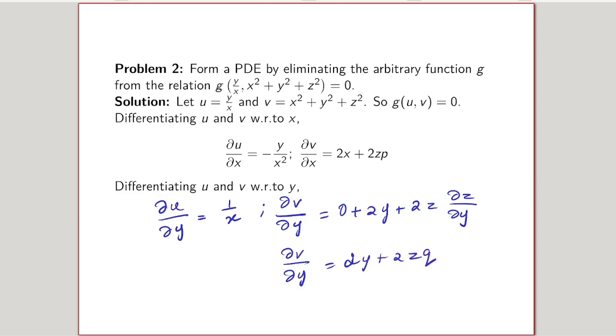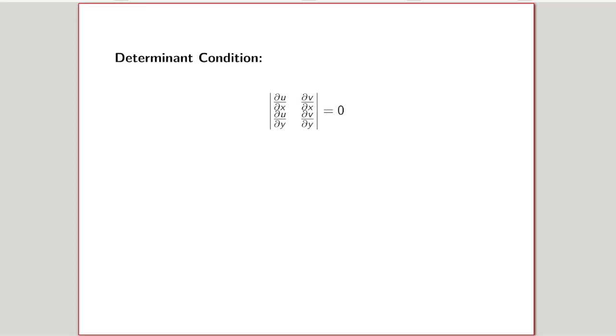Now, coming to determinant condition, we know that determinant of dou u by dou x, dou v by dou x and dou u by dou y, dou v by dou y should be equal to 0. Substituting the obtained terms, this is what the determinant will be obtaining. Now, the required PDE can be obtained by expanding this determinant. So, multiplying these two and then subtracting these two.